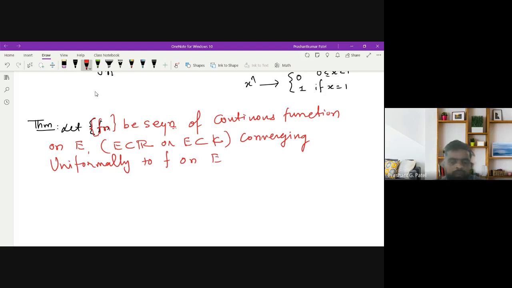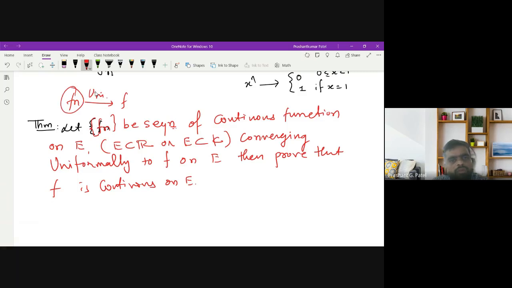Then prove that f is continuous on E. Ultimately, if each of these fn is continuous and the convergence is uniform, then f is continuous. That is the statement of this result. Ultimately, we can say that under uniform convergence, continuity is preserved.